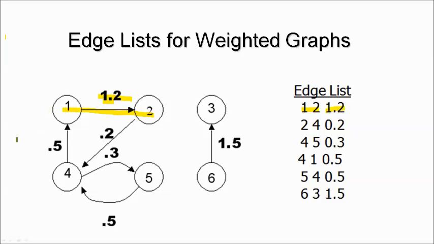Next, since this is directed, I'm just going to follow the direction of the arcs. So next is vertex 2 going to vertex 4. I have a weight 0.2. So vertex 2 to 4, I have a weight 0.2. Next, vertex 4, just following the direction of the arcs. Vertex 4 going to vertex 5.